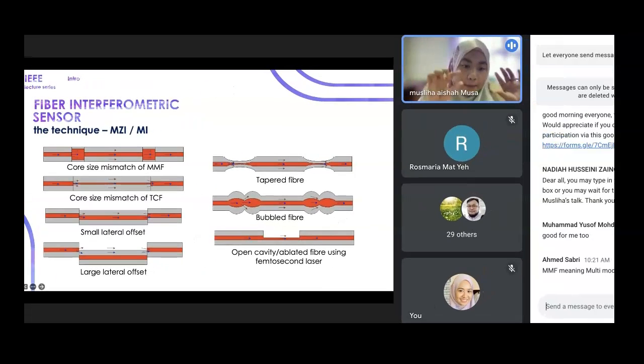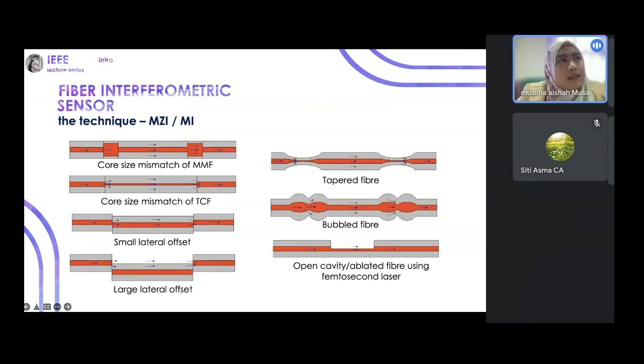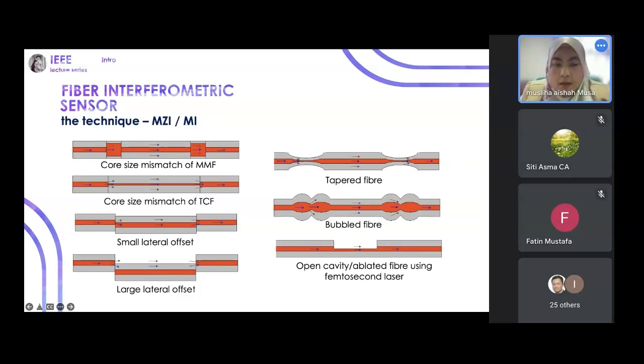The single mode fiber has a larger core, and the light can split after it faces the thin core fiber, and then recouple back at the end of the thin core fiber. The principle is the same, but we just modify our fiber.